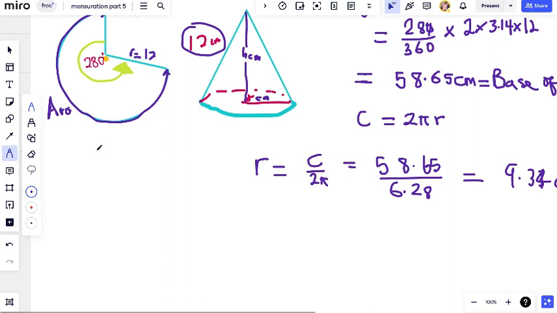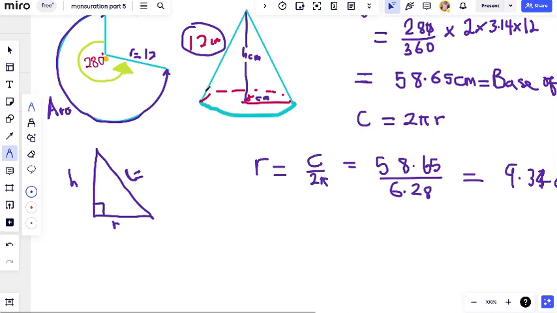See, this is the height h. This is the radius r. This is the slant height. Here is angle 90, and here is the slant height. We call it L. The slant height is 12.